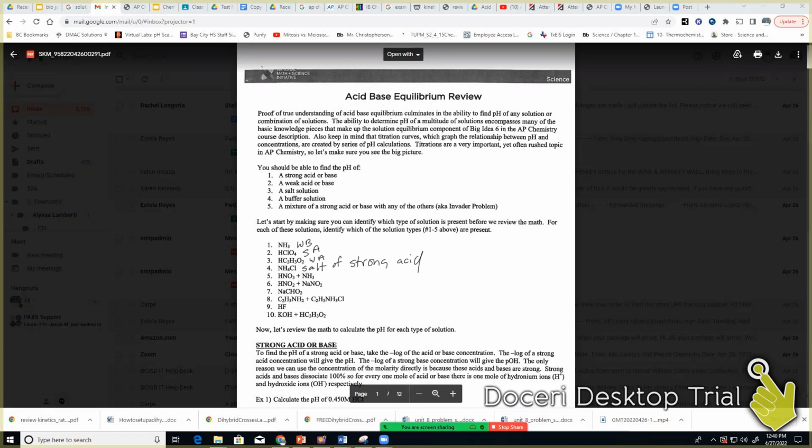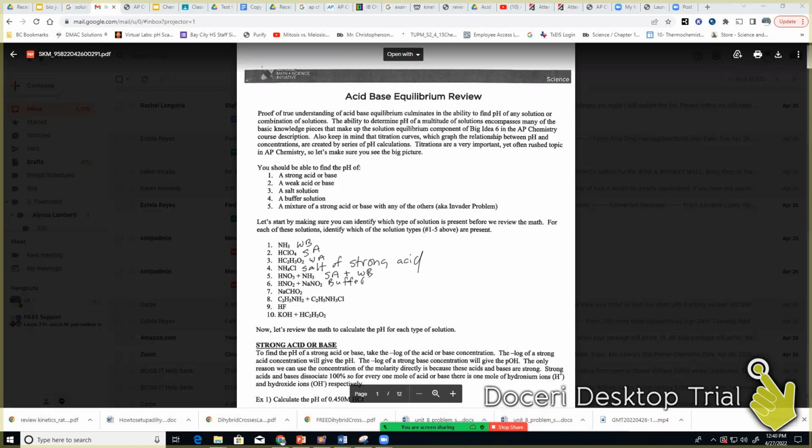Number 5, I would probably just classify it as a reaction. You're just taking a strong acid and combining it with a weak base. HNO2 in that one is going to set up a buffer system, because my HNO2 would be my weak acid.